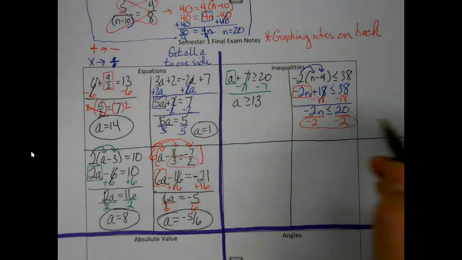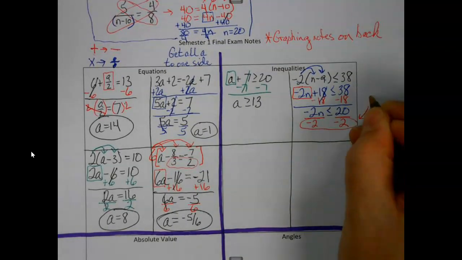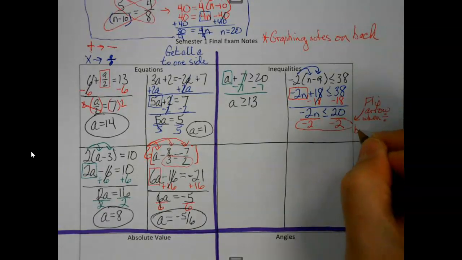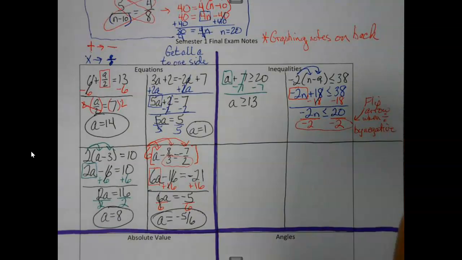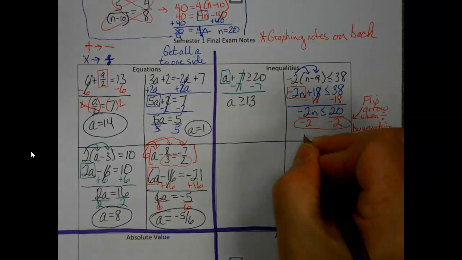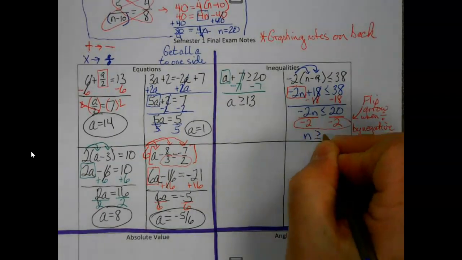Reminder. I've got to flip the arrow when I divide by a negative. Having the ability to write little notes on the edge like that so you don't look later and go, well, why the heck did this arrow flip and go the other way?